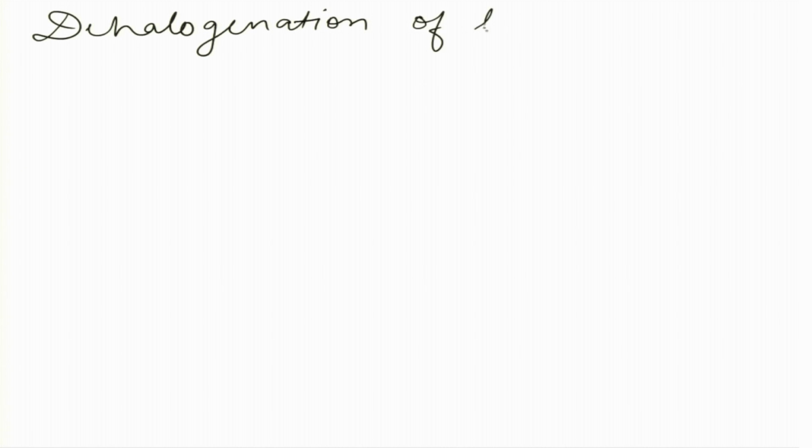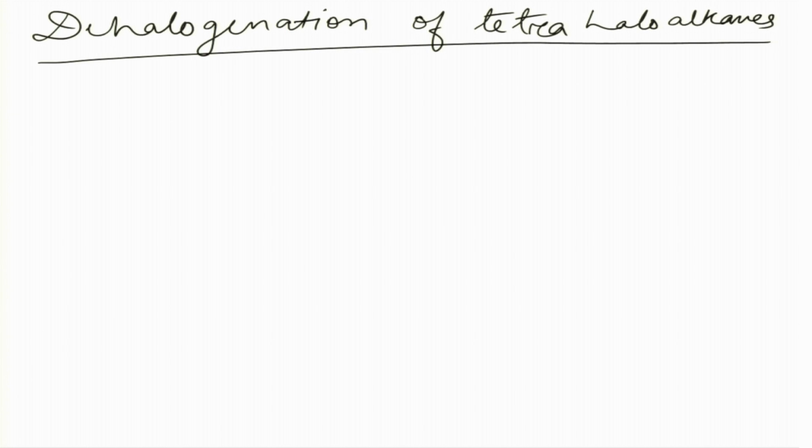A third method is dehalogenation of tetrahaloalkanes. In this case, we have a compound like this with 4 halogen groups.